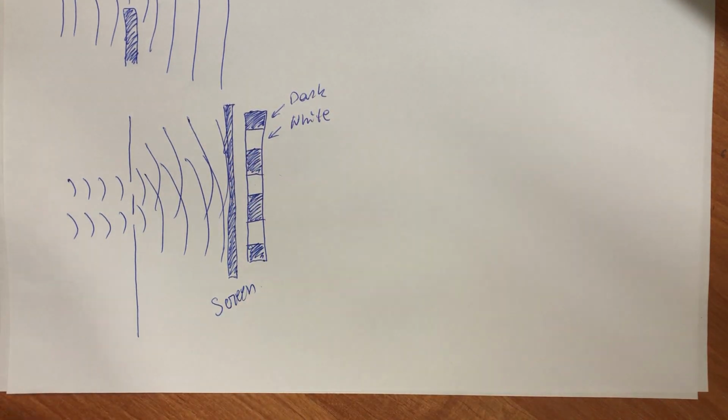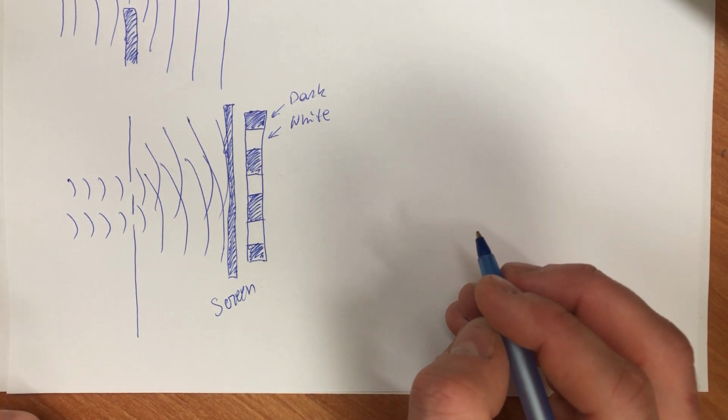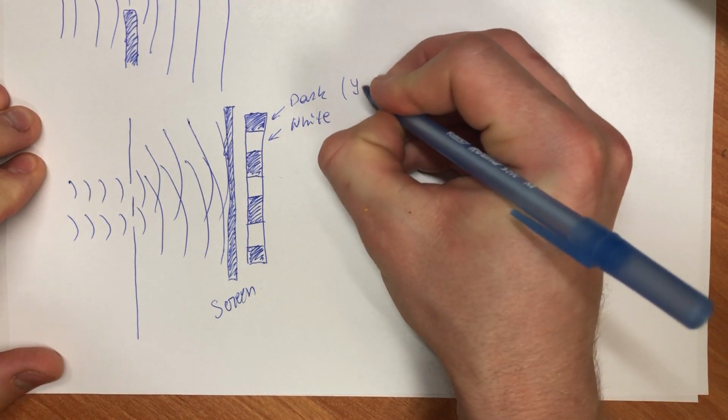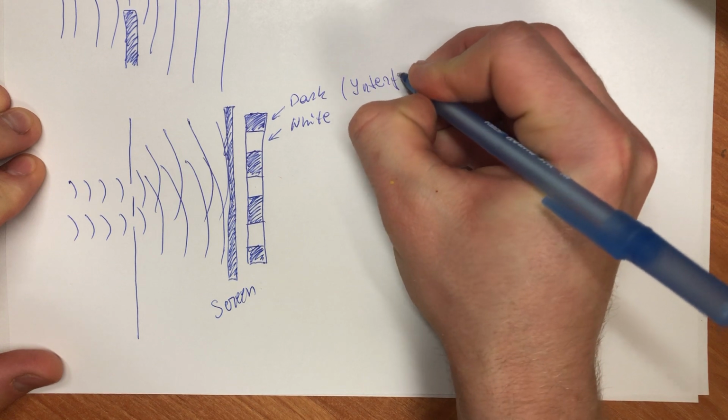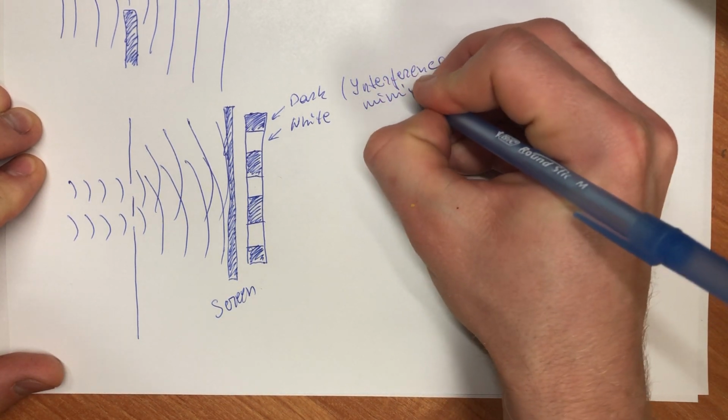So what is this? So when we have dark, it is interference minimum.